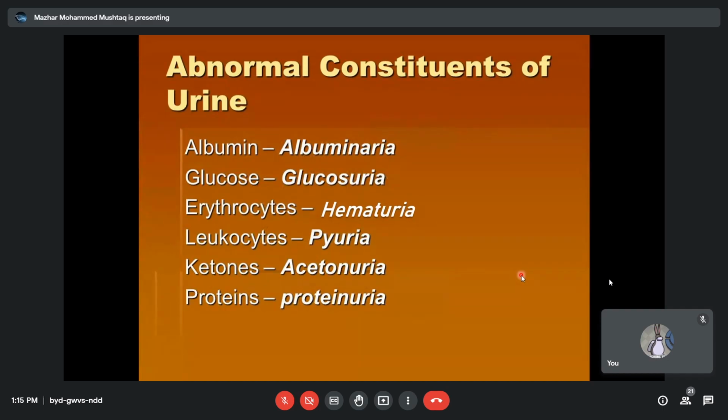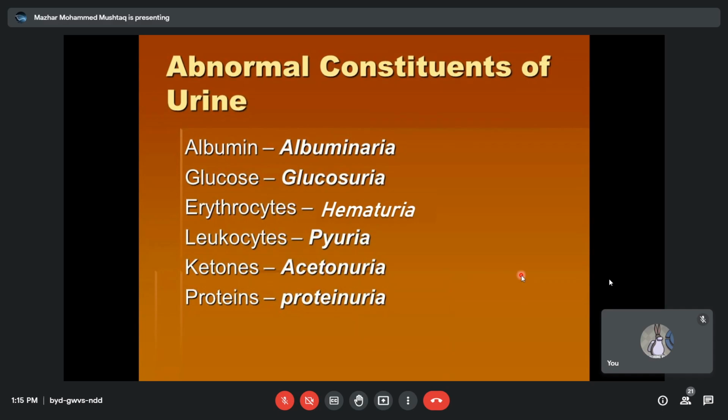These are some of the terms we use when we are considering the abnormality of the urine. For example, if there is a large quantity of albumin present in the urine, we call it albuminuria. This is a medical term that we use to classify the presence of protein in the urine. If it is only albumin, we call it albuminuria. Similarly, if there is glucose, we call it glucosuria.